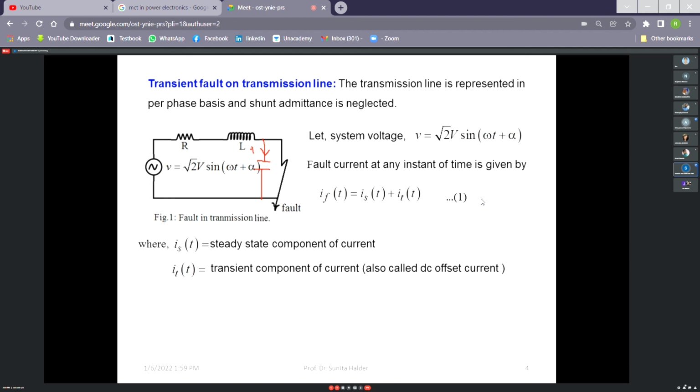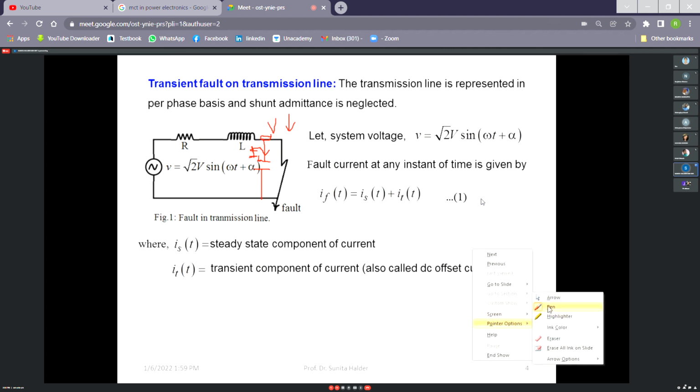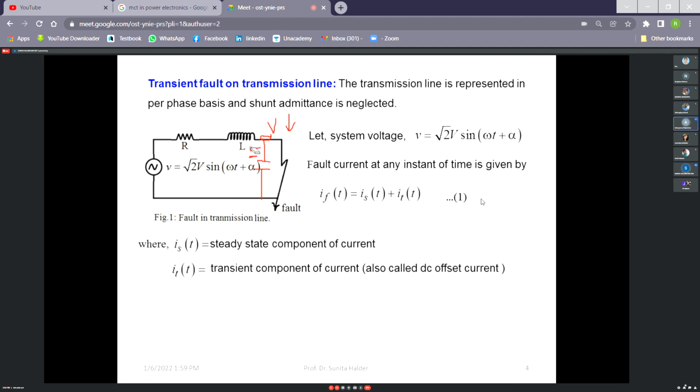This is the charging current, j omega CV. Now when there is a short circuit, V is going down, ideally near 0, so this current I is now 0. Current 0 means open circuited, and 0 voltage means short circuited, right? That's why the shunt parameter part is not considered. Yes, ma'am.